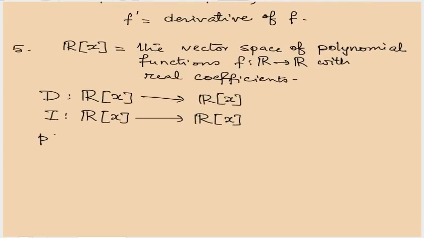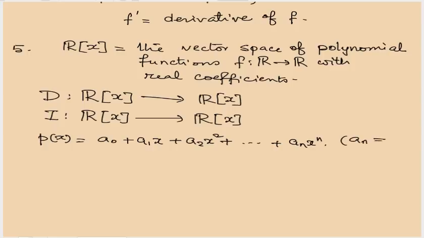So suppose P(x) is a0 plus a1x plus a2x squared up to anx to the n. So D of P, I will write as P prime, and I of P I'll write as Q.